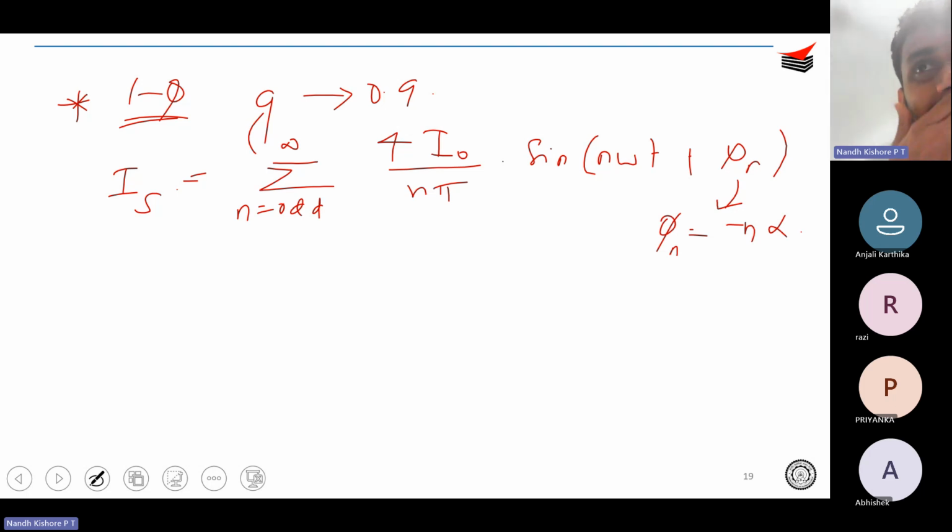Once you have the Fourier series, you can find G, because G is basically fundamental RMS divided by total RMS. That turned out to be 0.9 for a single phase.